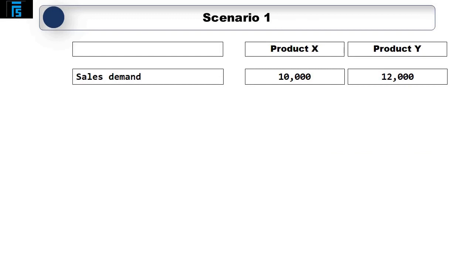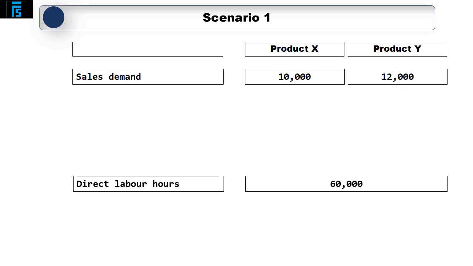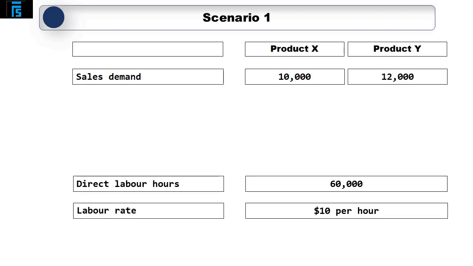Let's consider the following scenario. A company makes two products, X and Y. Sales demand of X is 10,000 units and sales demand of Y is 12,000 units. Direct labor and production are restricted to 60,000 direct labor hours and direct labor is paid at $10 per hour.